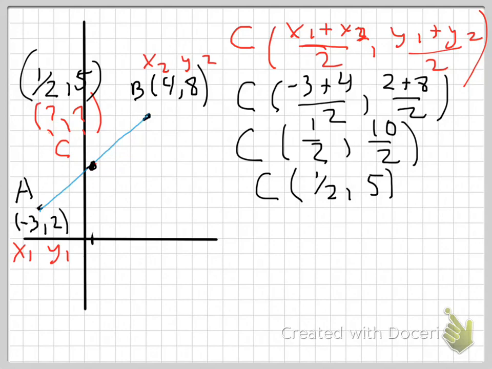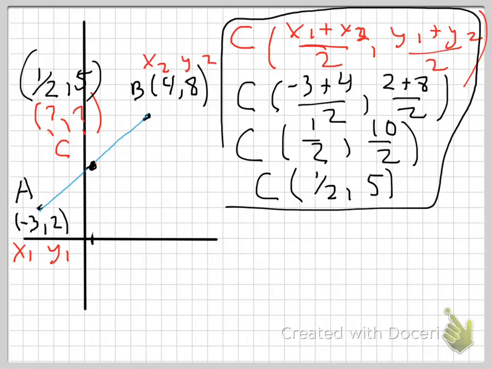Okay, so I'm going to get rid of this. So hopefully you have it written down. I'm going to get rid of this, and I'll do the distance now. So I've got the coordinates there. I just need to do the distance.